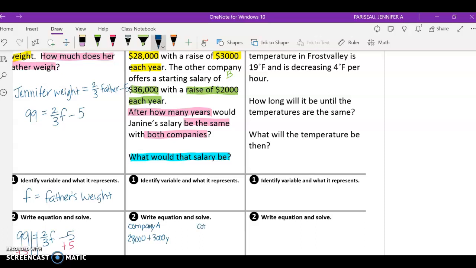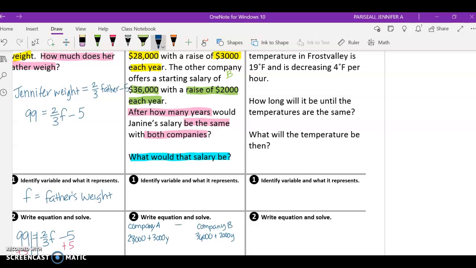Well, then we have company B, and they offer her, you know what, we'll give you $36,000 to start, but we can only give you $2,000 every year for raise. So those 2 are separate equations for them. But the question is asking, when will they be the same?